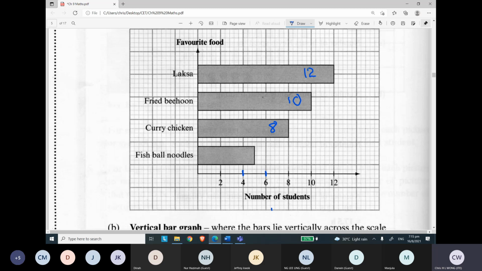Now, let's say I look at the data. My data is 12, 10, 8, and this one you all know is 5 just now, right? So the numbers are very small. If I want to draw a graph, I want you to look at this part of the graph, on top of the Lhasa. I'm going to do some representation for you on top.